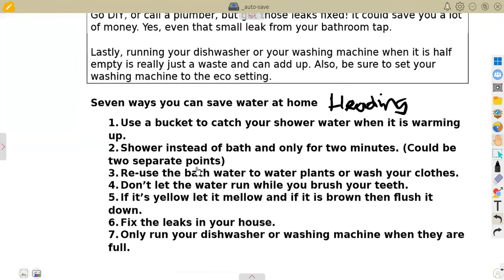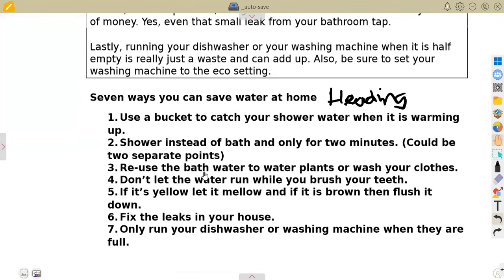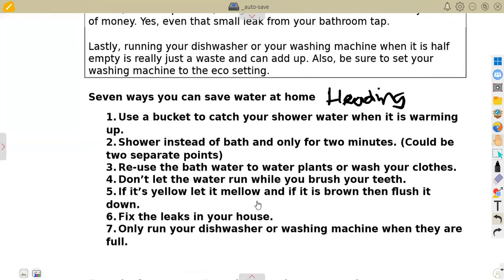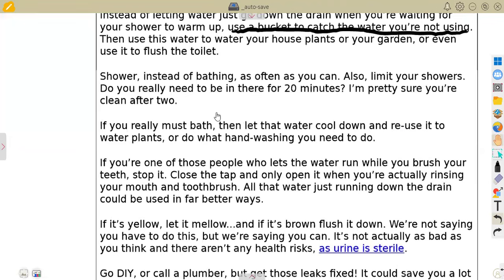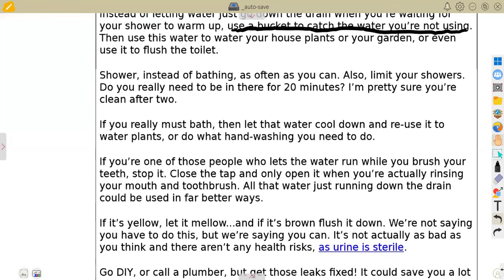And then the second aspect, it says shower instead of bath and only for 2 minutes, could be in separate points. And then I know we were dealing with the aspect. Let us go and check it to our question there.